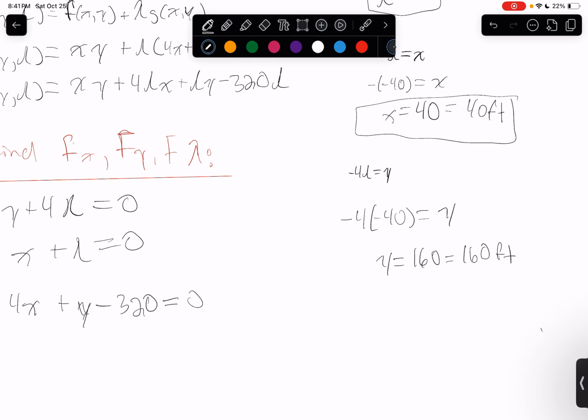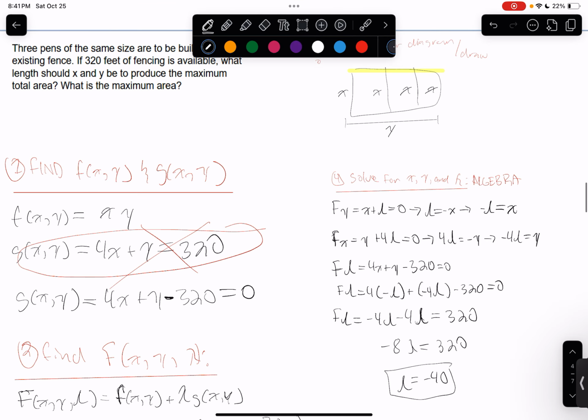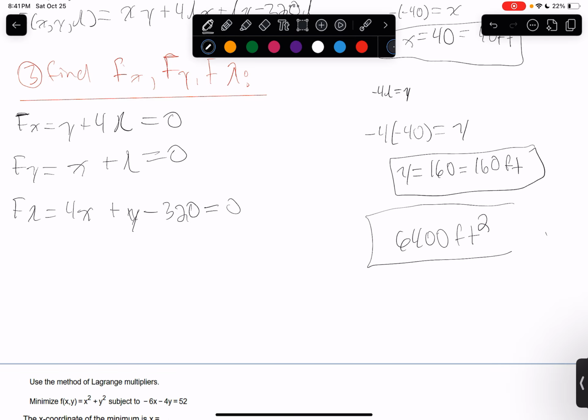All right, the problem asks us to find the maximum area, okay? And in order to find the area, we all know that x times y equals the area of a rectangle in square feet. So when we multiply our x and y, we're going to go ahead and get 6,400 feet squared.